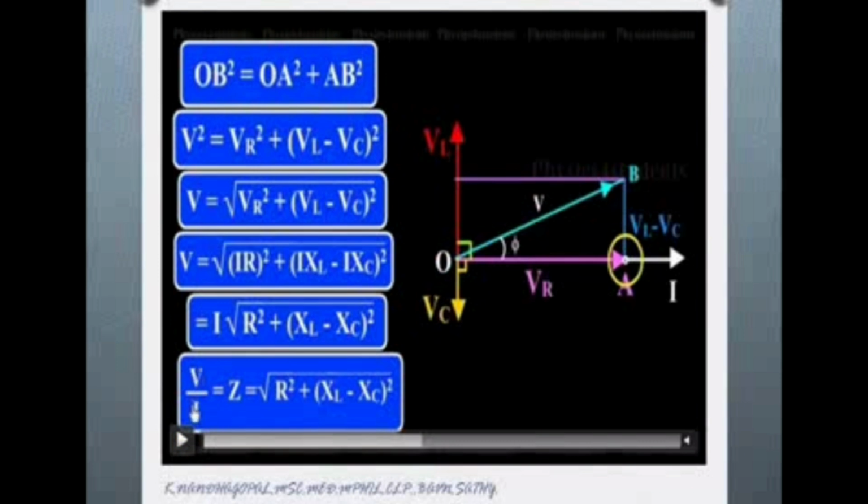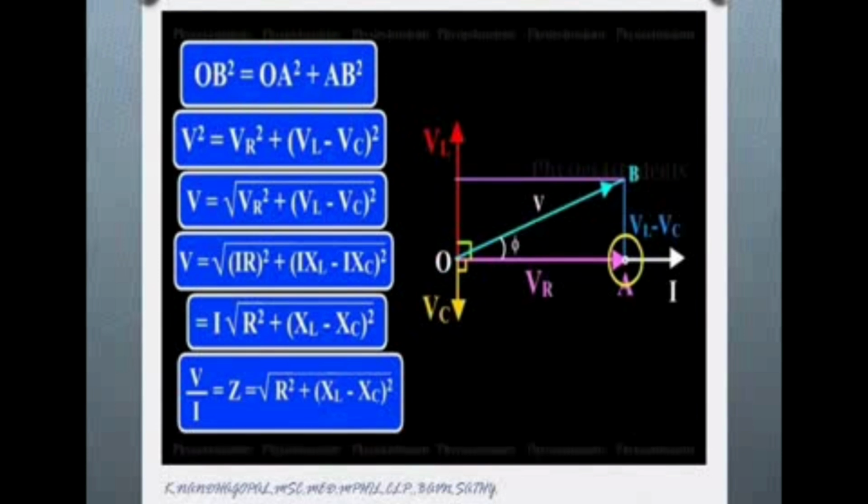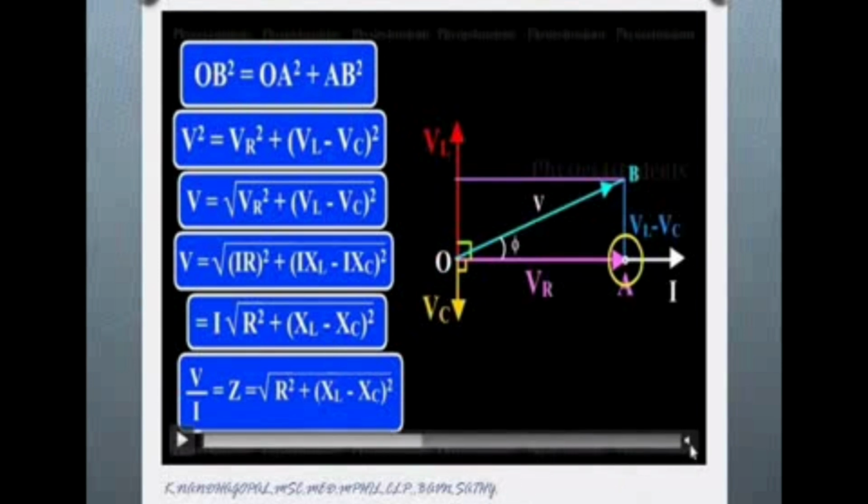Now the next step: V by I. V by I equal to R according to Ohm's law. Instead of R here we are writing Z. Z is called the impedance of the circuit, which refers to the effective opposition to the circuit current by the series RLC circuit.